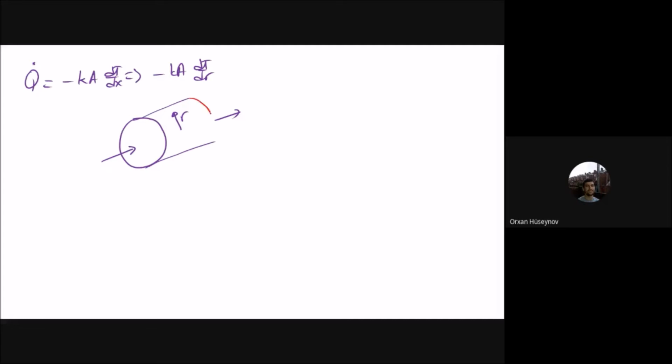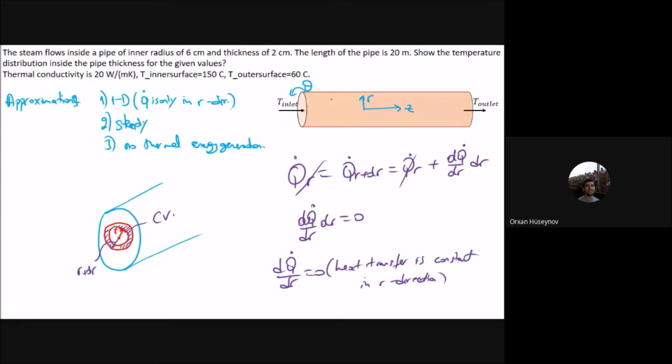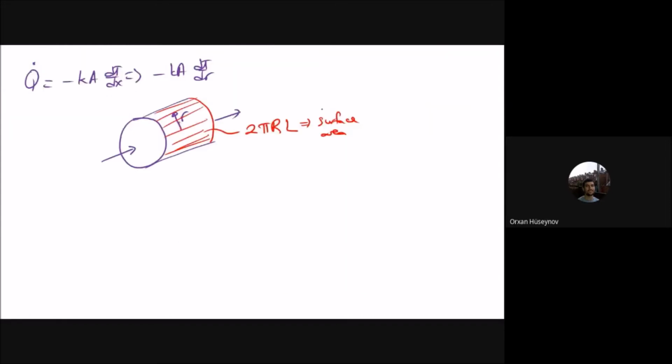For example, this part is where you have the conduction heat transfer. So that area is 2 pi r into L. Okay, this is the area, 2 pi r into L, the surface area of the cylinder. So this one is where you have the conduction heat transfer.